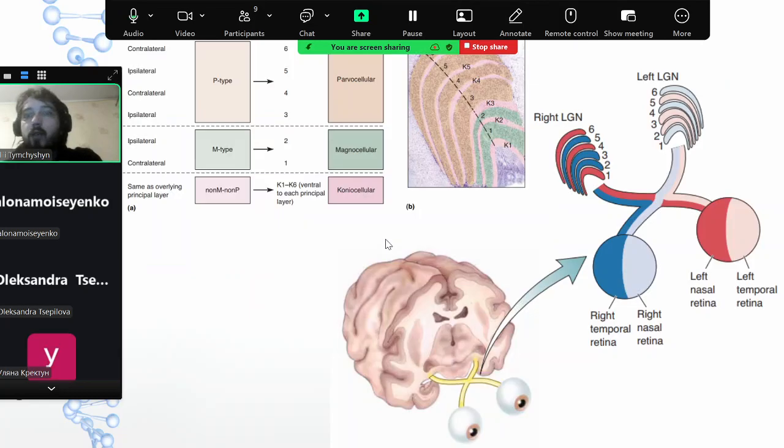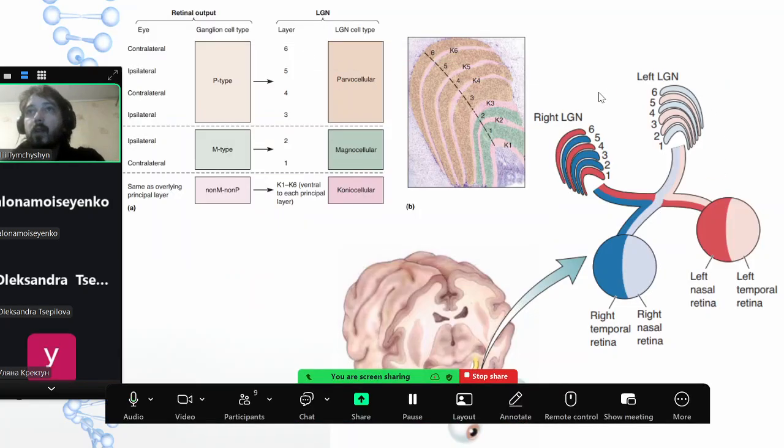I have one more picture here that shows how this architecture corresponds to different visual fields. Here they are once again, 1, 2, 3, 4, 5, 6, so 6 layers in the LGN. And here you see 2 eyes, with projections from the retina. Here you have the right temporal retina and right nasal retina.